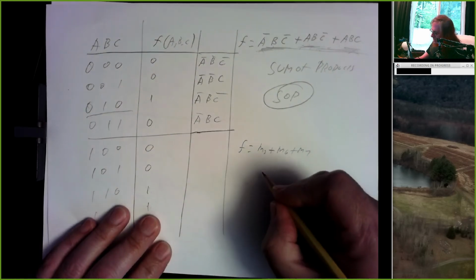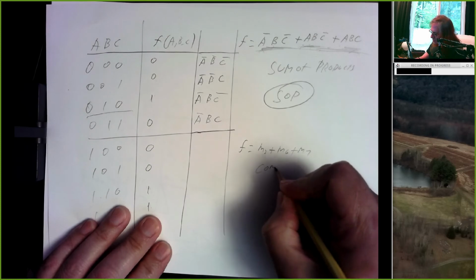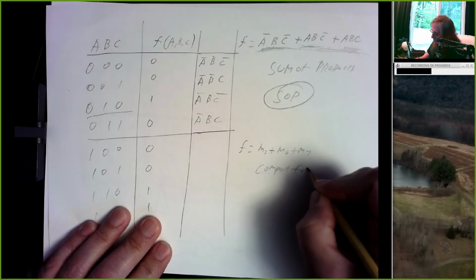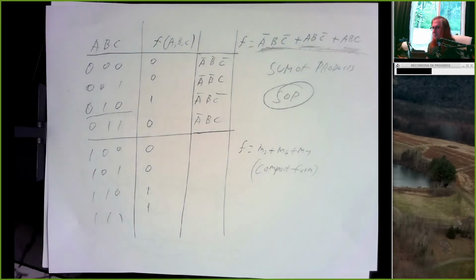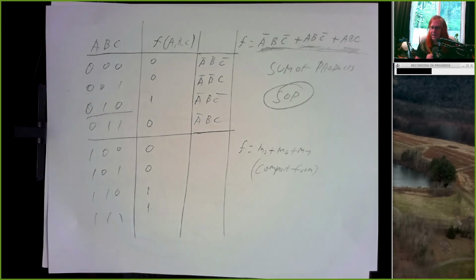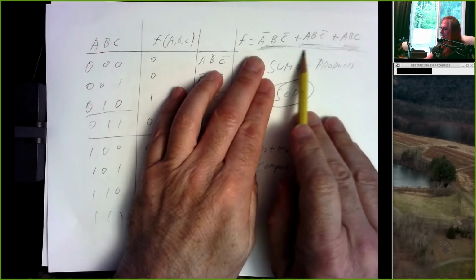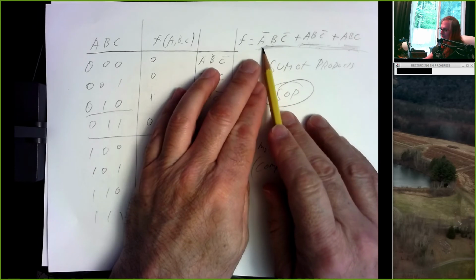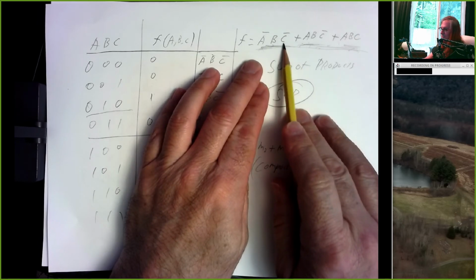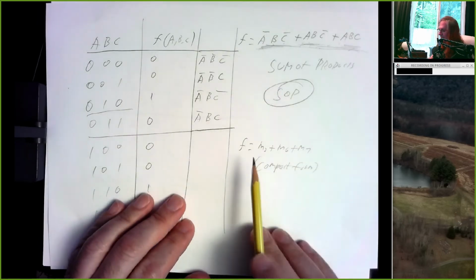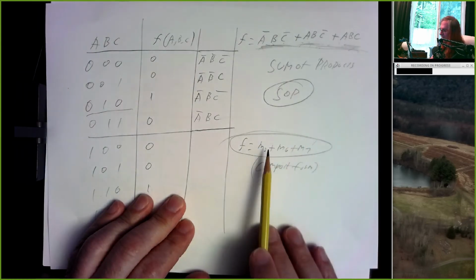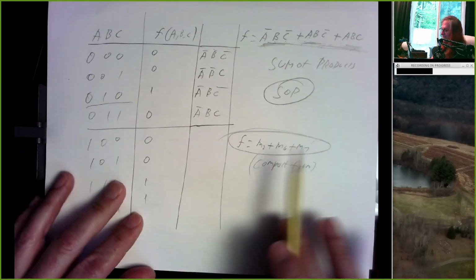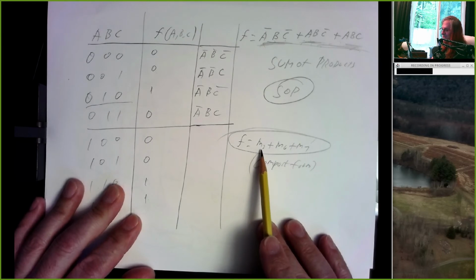All right, this is called compact form. And one thing to be careful of: this is completely clear. My output will be 1 if A is 0, B is 1, and C is 0. But when I write this, how do I know that that's what M2 means? How do I know that A is 0, B is 1, and C is 0?